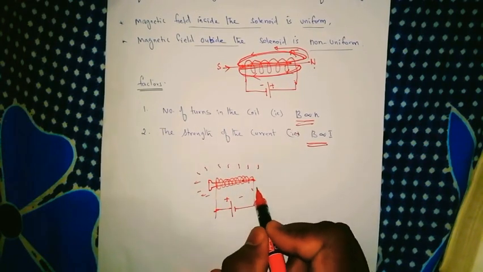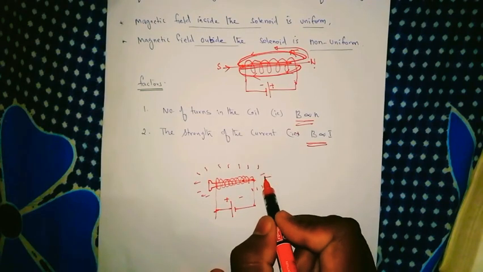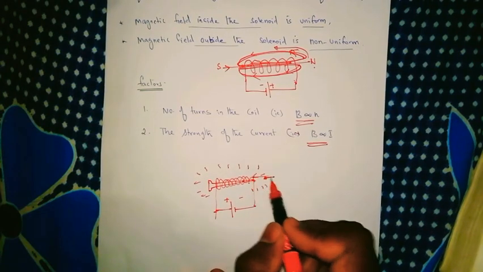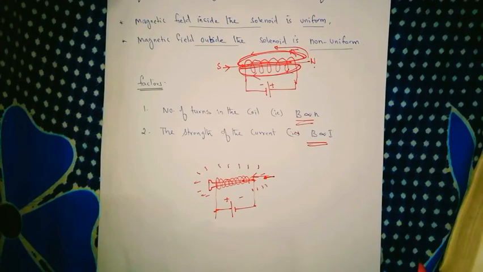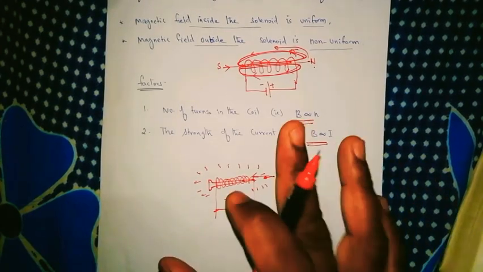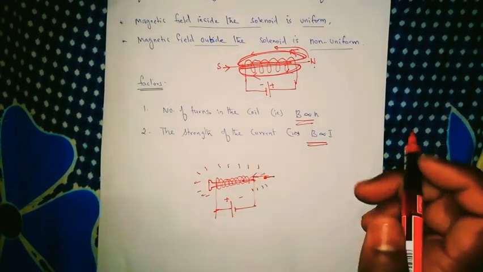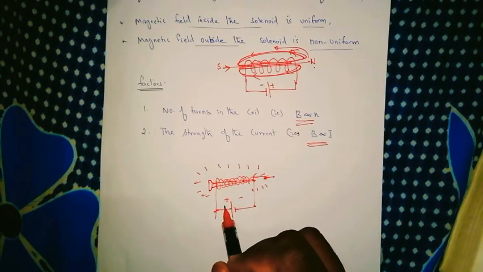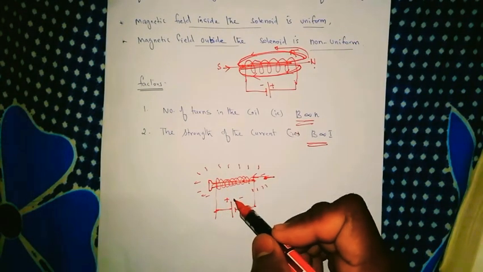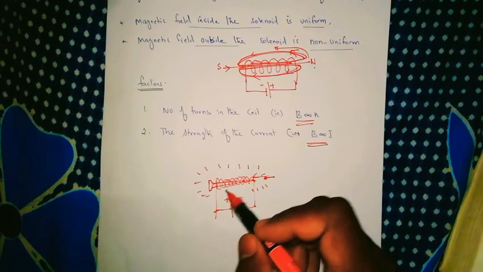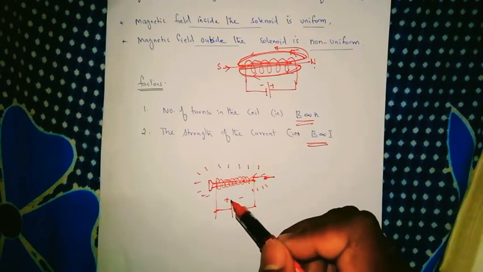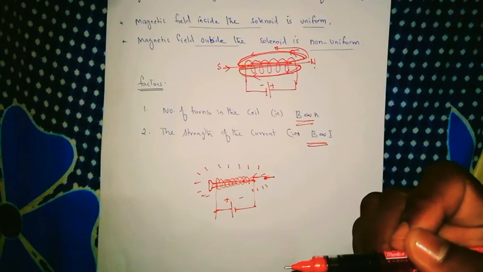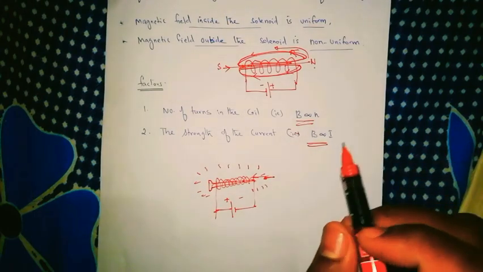You can even keep an iron pin very close to it, and it starts to attract. Because of this concept, this iron nail is not a permanent magnet, but it acts as a magnet only when the current flows in it. If I remove the current, then it becomes a normal iron piece.